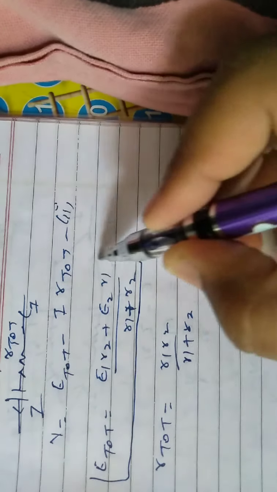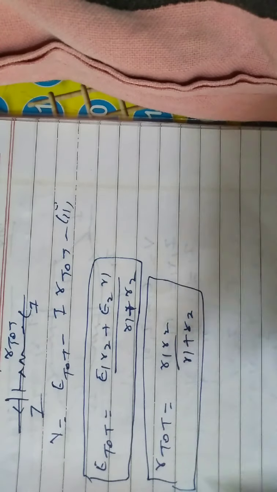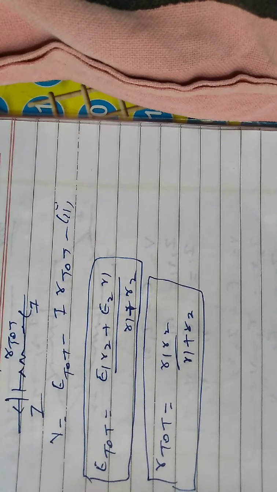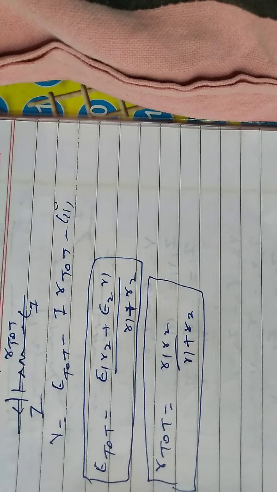So this is the required result for the total EMF for the two different cells in parallel combination, and the total internal resistance for the two different cells in parallel combination having internal resistance R1 and R2.